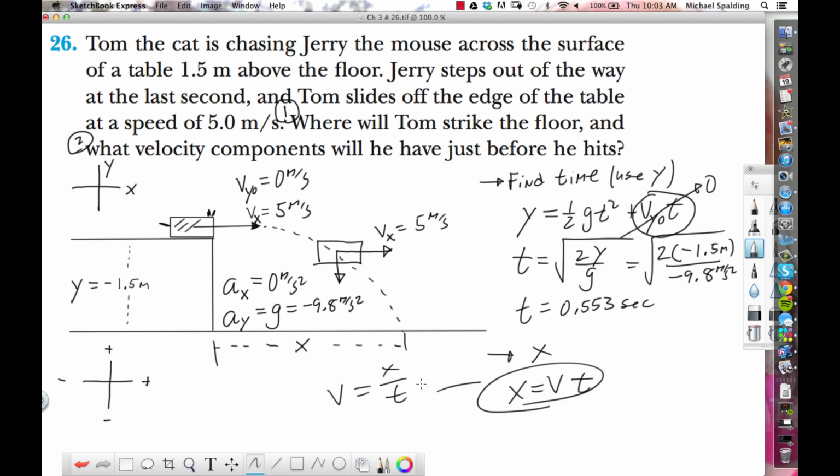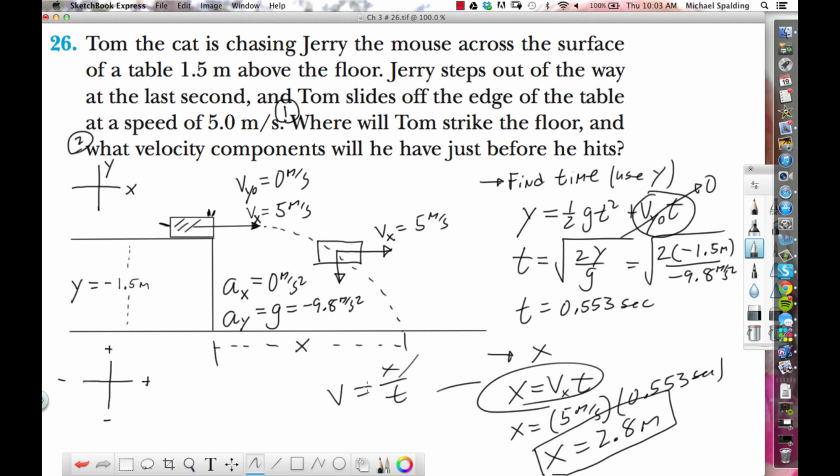That's all it is. So what's our x velocity? 5. And we now know the time in the air, which is 0.553. So we know exactly where Tom the cat is going to hit the ground. Rounding this off, we'll round it to 2.8 meters.